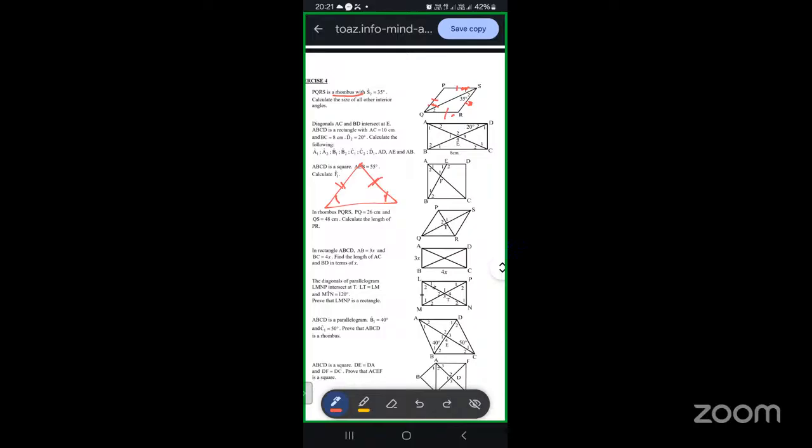Now, do you agree or disagree when I say angle S1 is equal to 35 degrees?